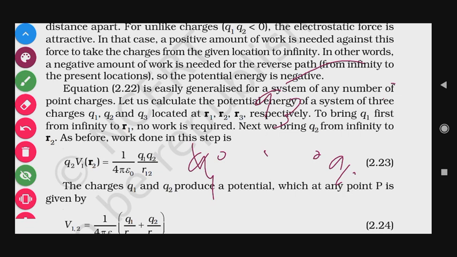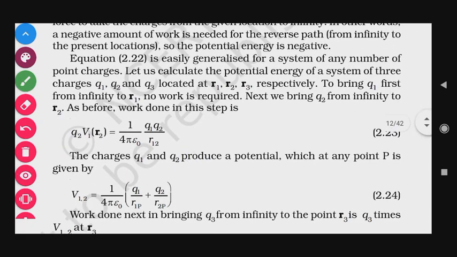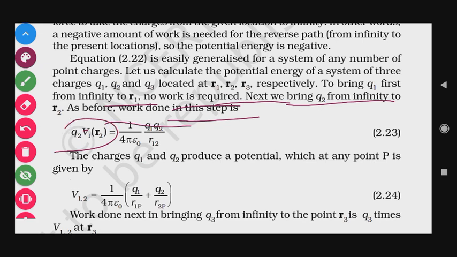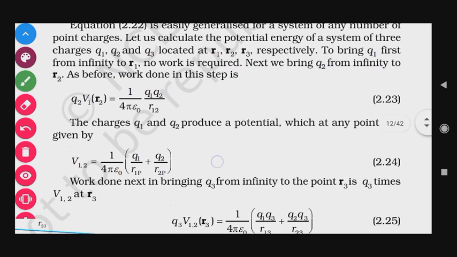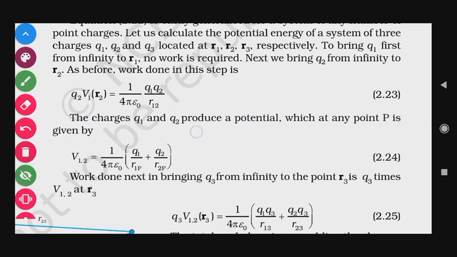To bring q1 first from infinity to r1, no work is required. Next we bring q2 from infinity to r2 as before; the work done in this step is similar to the first case. Now the charges q1 and q2 produce a potential at any point.